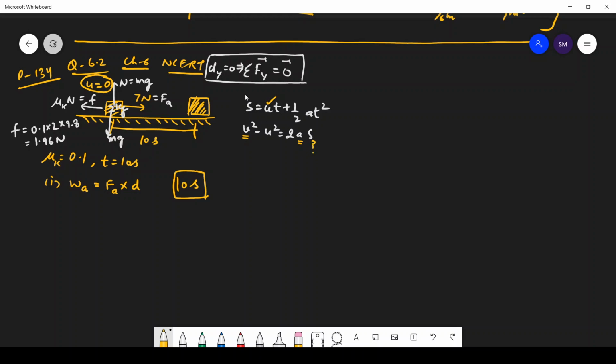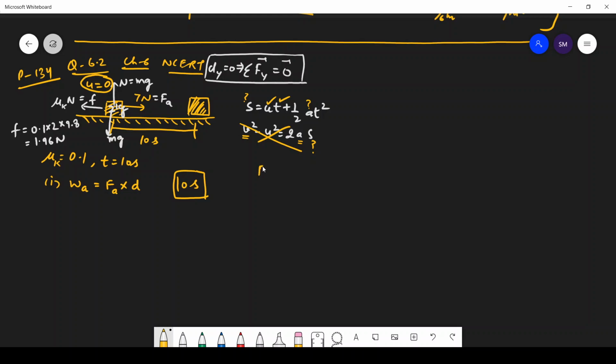I'm going to find out this s. I know the time, so that is why I will be using this formula. But to find s, I need a. So this v I don't have, so I'm not going to use this formula.